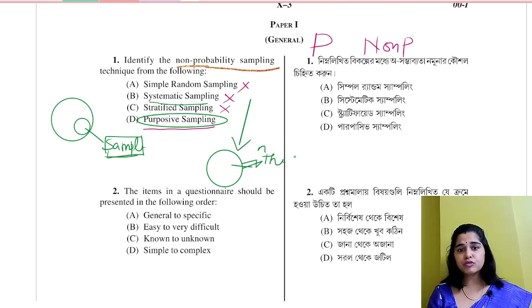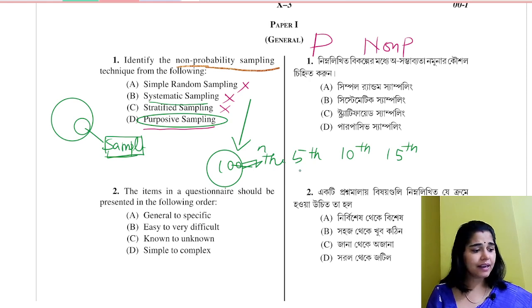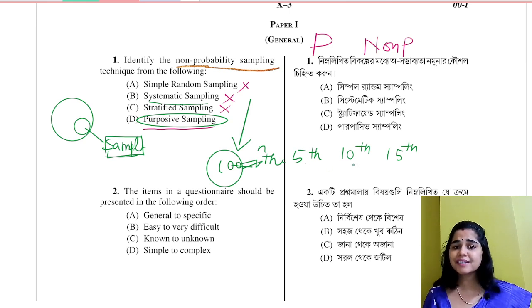You are going to take the fifth, and after that fifth, you are going to select the 10th, and then the 15th. So you are maintaining a systematic interval. There is a fixed interval, that is, a gap of 5. So this is systematic random sampling.